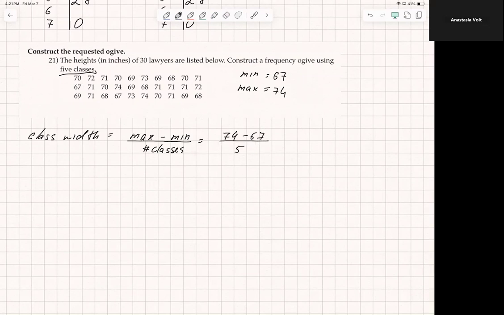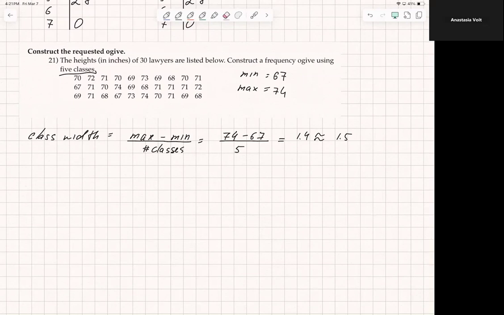We have 5 classes. So we get 1.4, and you can leave it as this, but I would probably just round it to 1.5 because I think that it is more convenient this way.